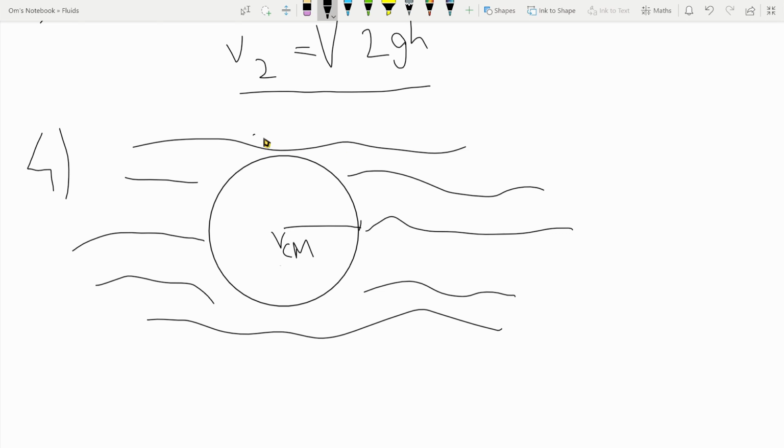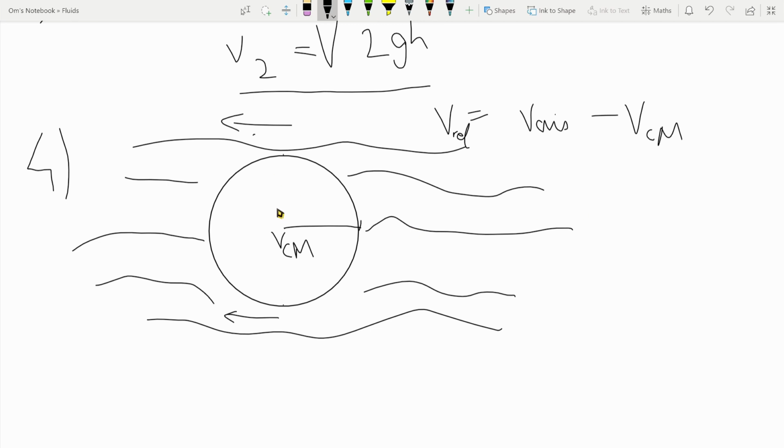So the velocity at this point of the air molecules is going to be equal to v relative, which is v air minus v center of mass. So we can say that the air molecules are moving in this direction over here, and they're also moving at the same speed, because remember, this ball is not rotating, it's simply moving.